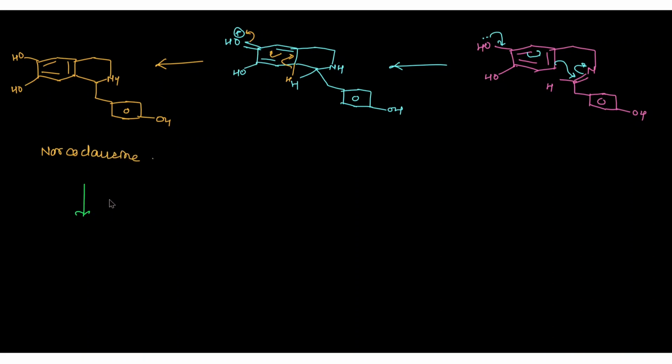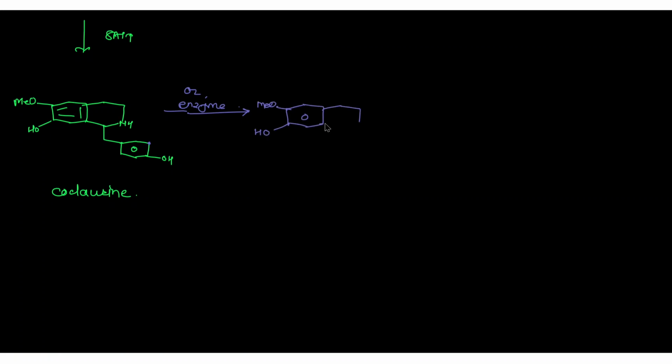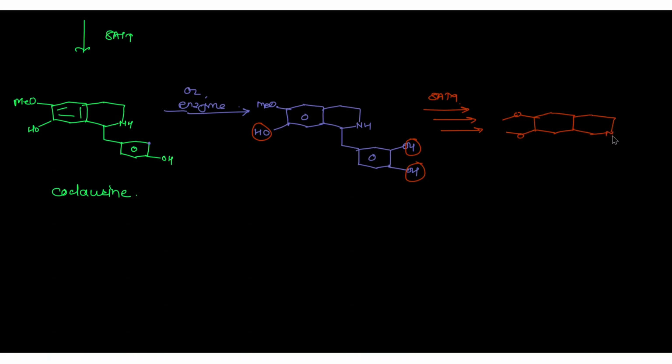In the next step, by using SAM, methylation of this group takes place and we get this moiety, which is known as coclaurine. In the next step, by using O2 and enzyme, oxidation takes place and we get, in the next step, by using SAM three times, methylation takes place of these OH groups and we get this molecule.